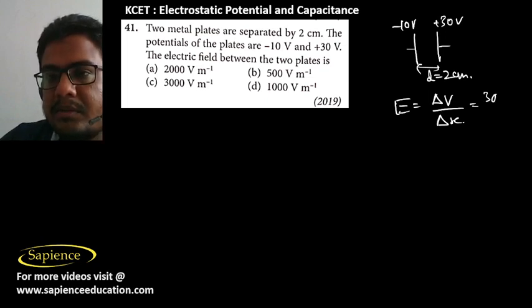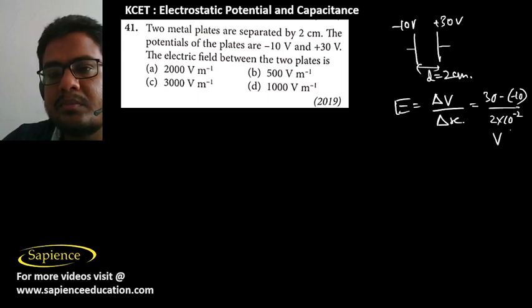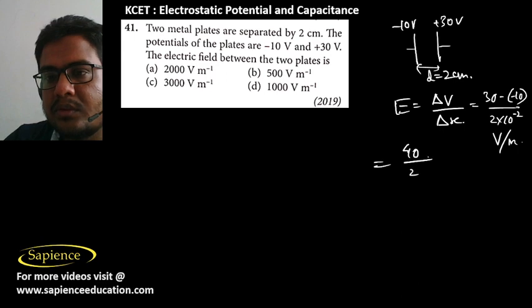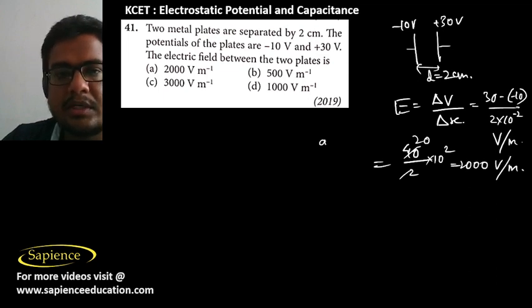That will be 30 minus of minus 10 divided by 2 into 10 power minus 2 meter, that is 40 by 2 into 10 raised to minus 2, so it will be 2000 volt per meter. So option A is the correct answer.